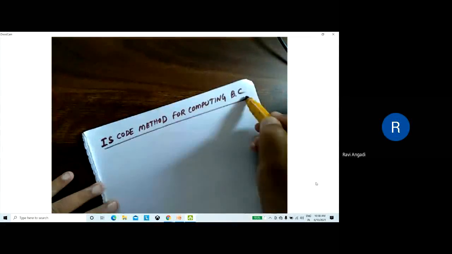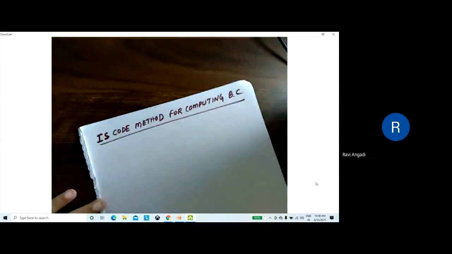Again, Terzaghi has given the equation to calculate the bearing capacity of the soil.